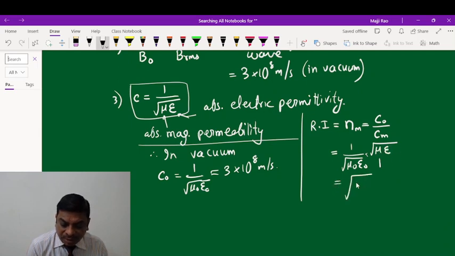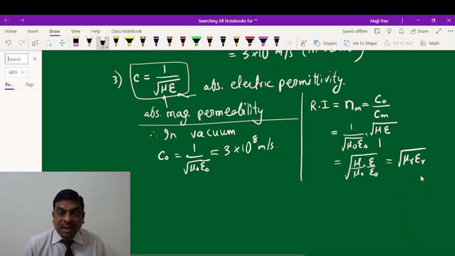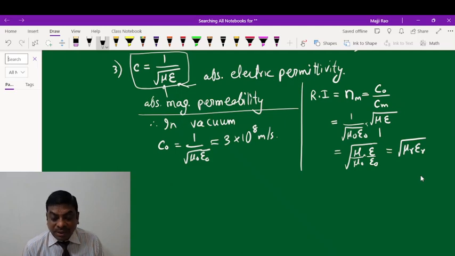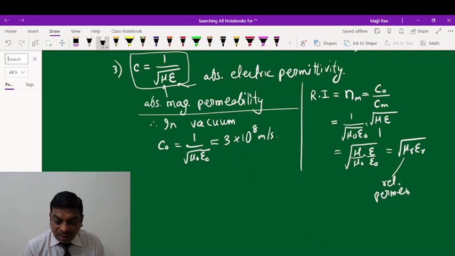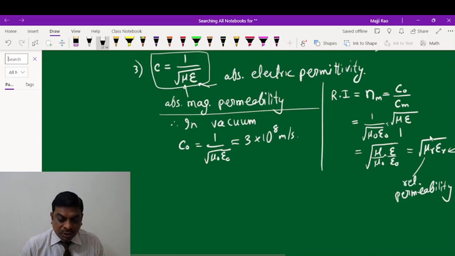So basically we have the ratio mu by mu naught into epsilon by epsilon naught, under root, which is equal to under root mu r into epsilon r, where mu r is the relative magnetic permeability of the medium and epsilon r is the relative permittivity of the medium. Okay, students.